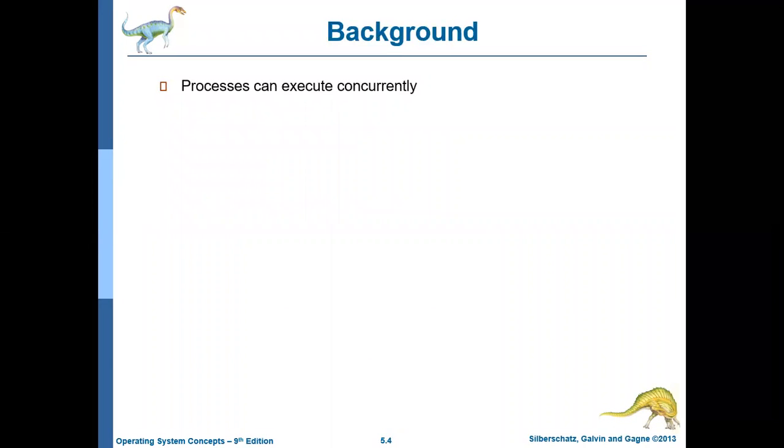So we know that processes can execute concurrently, and sometimes these concurrent processes may share common data. If two processes are sharing a common data item and executing concurrently, then it may lead to a problem called data inconsistency.